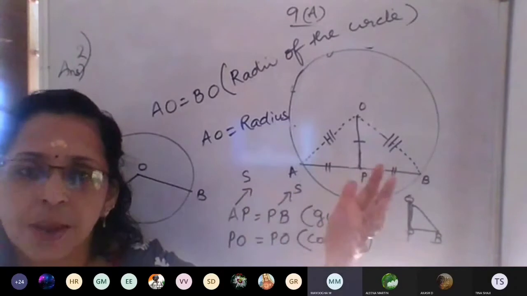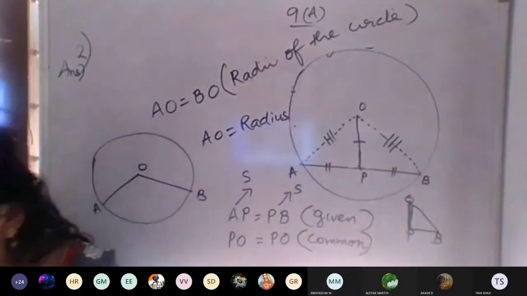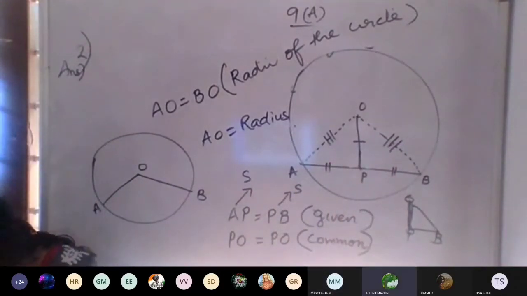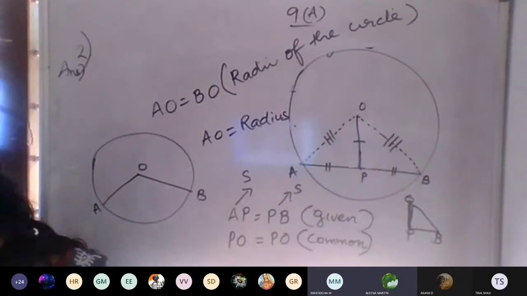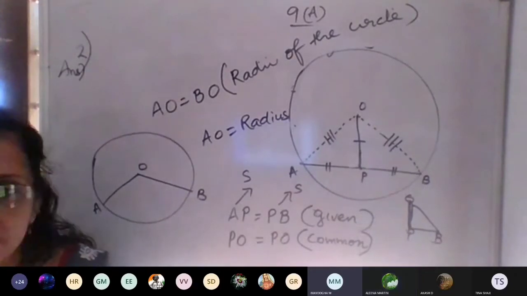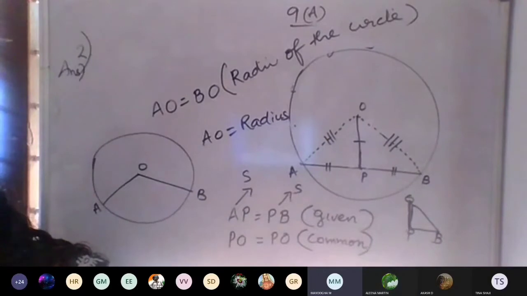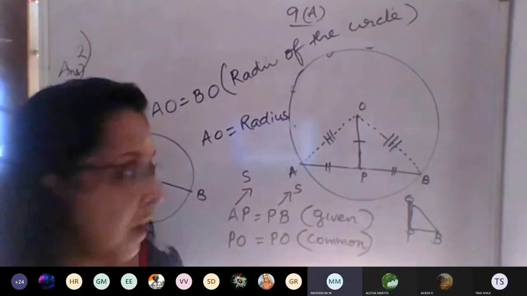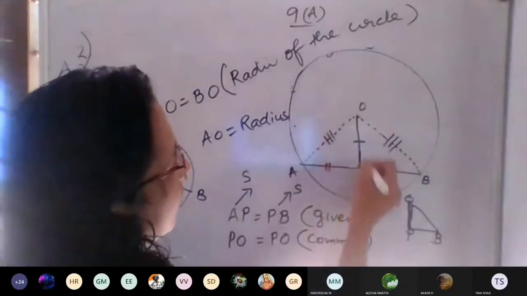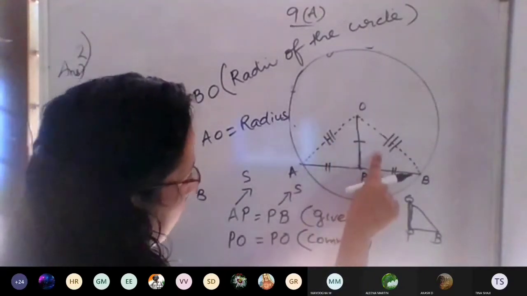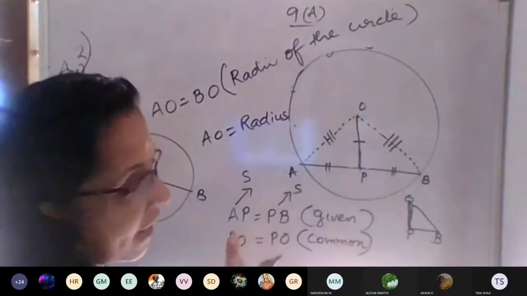So we can say triangle AOP is congruent to triangle BOP. Let's see the reason using SSS.